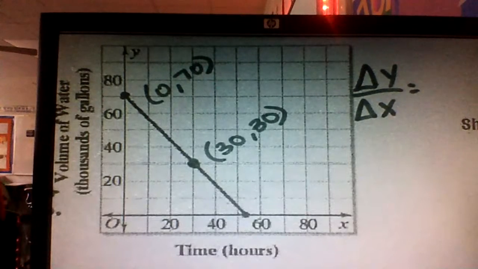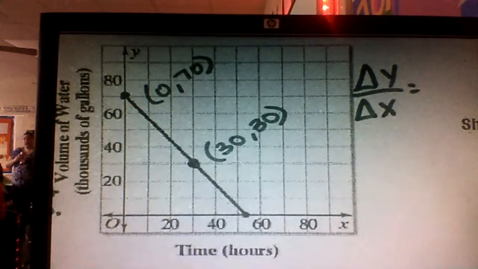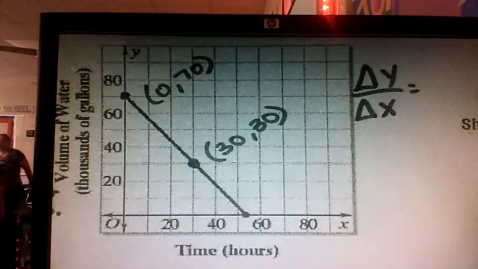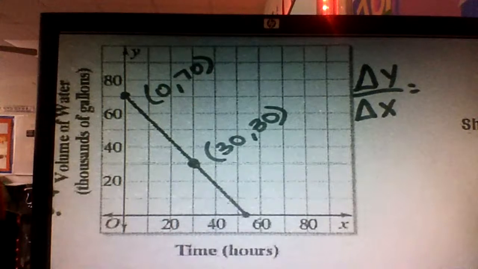Okay. So what's my change in y? Decreasing by 40, so negative 40. What's happening to my x? It's increasing by 30.